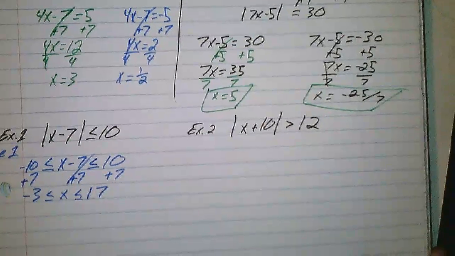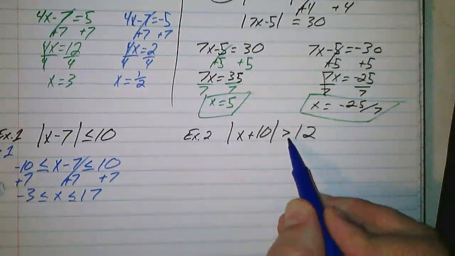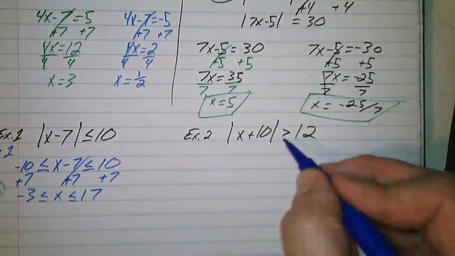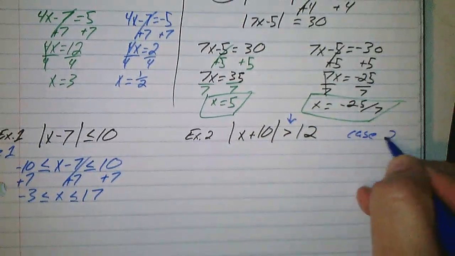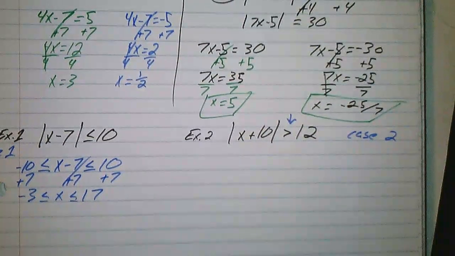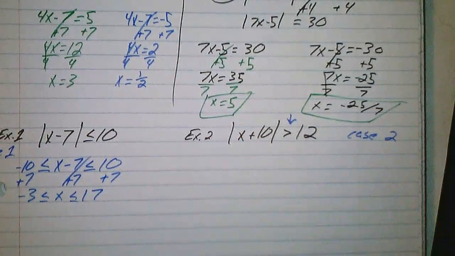Here we have an absolute value is greater than. And so it's the symbol that will determine if it's case 1 or case 2. If it's a greater than, then this is where we get the two kind of separate inequalities.